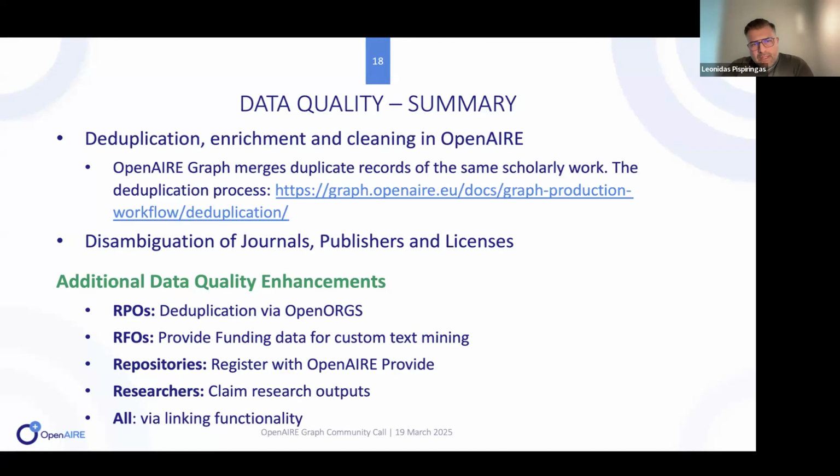We have the deduplication, enrichment, and cleaning in OpenAIRE and in the OpenAIRE graph, where we have also the disambiguation of journals, publishers, and licenses, and the additional data quality enhancements: for the RPOs to be disambiguated in OpenORGs, the RFOs to provide the funding data for custom text mining, repositories to register and be aggregated into the OpenAIRE graph, the researchers to claim their research outputs via the claim via ORCID functionality, and everyone to use the linking functionality to link research outputs with projects and other research outputs.